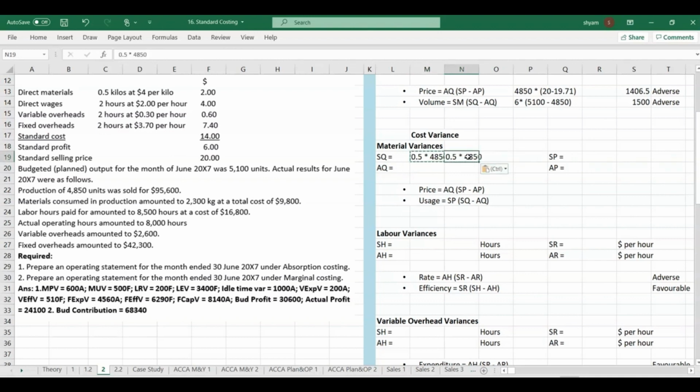Solve this and you will get the kgs. What is the actual quantity of materials bought? It is 2,300 kg. So you have it here.